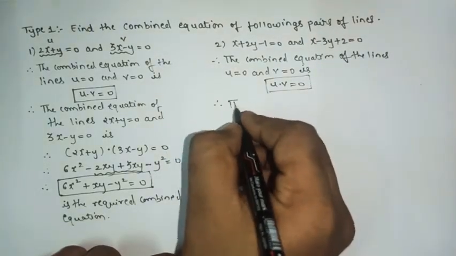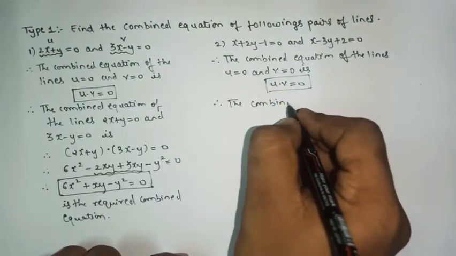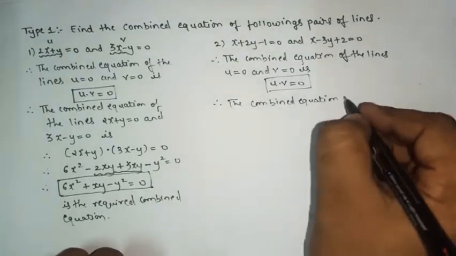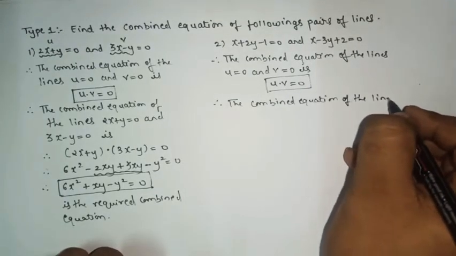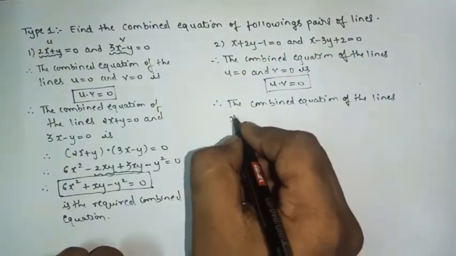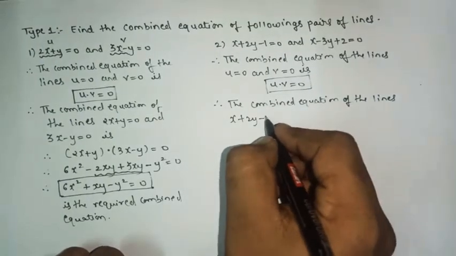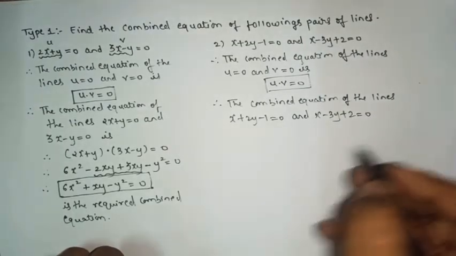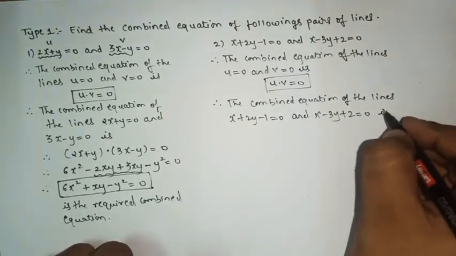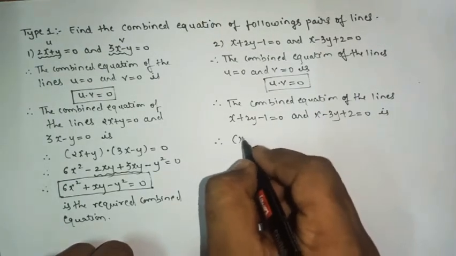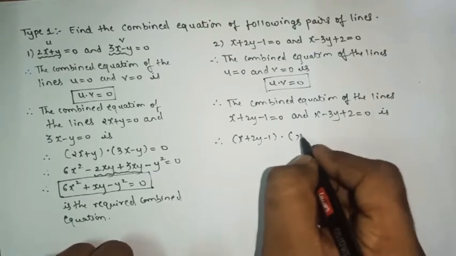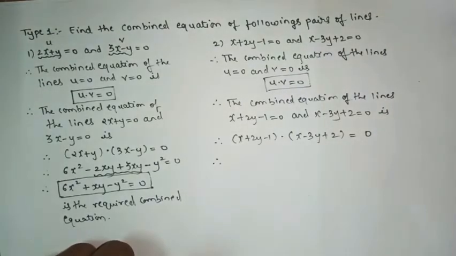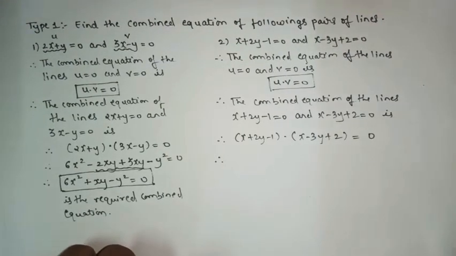So therefore the combined equation of the lines x plus 2y minus 1 equal to 0 and x minus 3y plus 2 equal to 0 is, so simply what you will do, multiply these two linear equations to get a quadratic equation, that means a combined equation. Again the same, what you will do, bracket expansion.